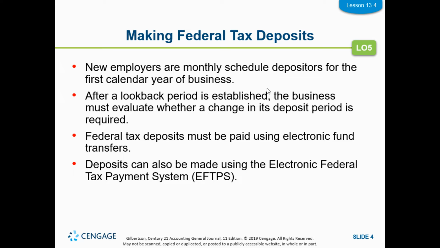And the way it works is you just set up an account with the feds with your employer ID number, and you go into that electronic system and say, okay, I got to make this payment to the government. And it comes right out of your bank account that you specify in EFTPS.